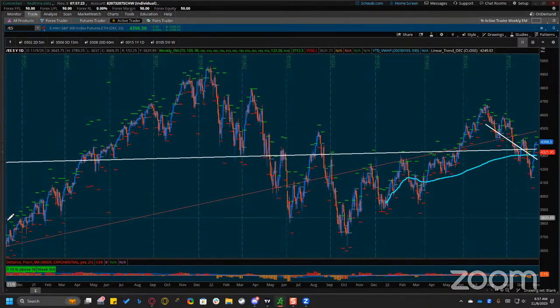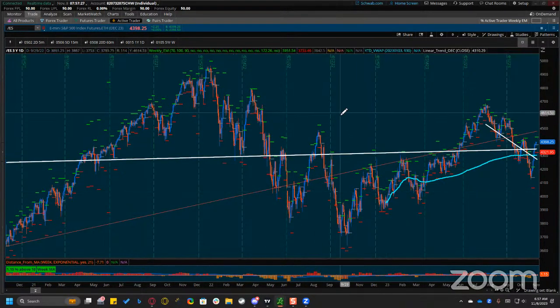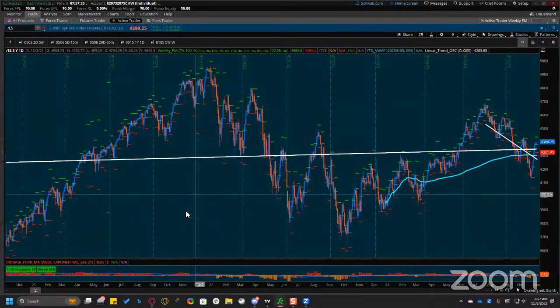Helps if you get the right line. You can see the same thing applies always, right? You get what you give.